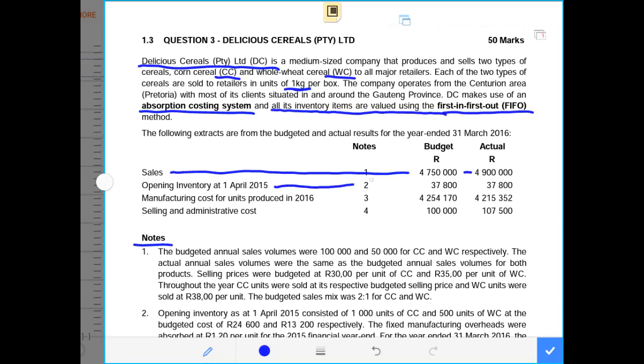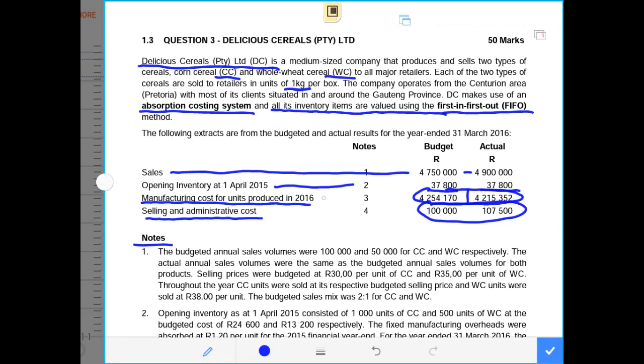We have our opening inventory 1st April 37,800 and 37,800, which was also actual. Then we have our manufacturing cost for the year, and this is our total manufacturing cost budgeted and actual. Then we have our selling and administration cost, which is 100,000 and 107,000 actual cost of selling and admin.